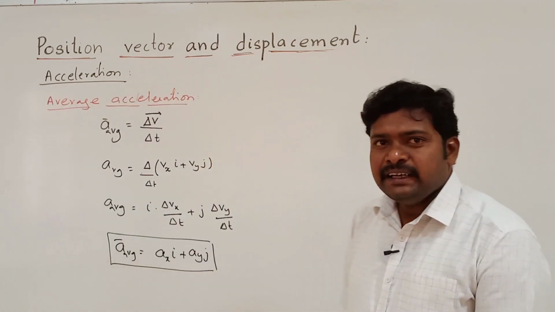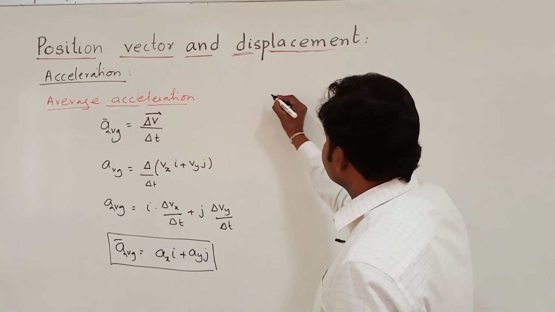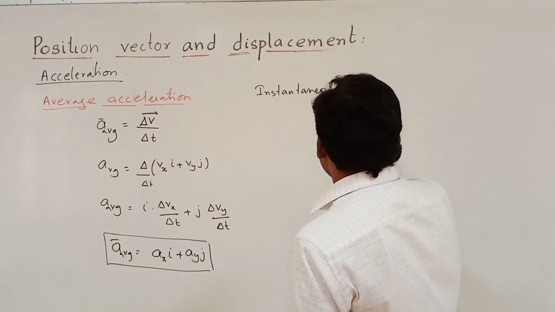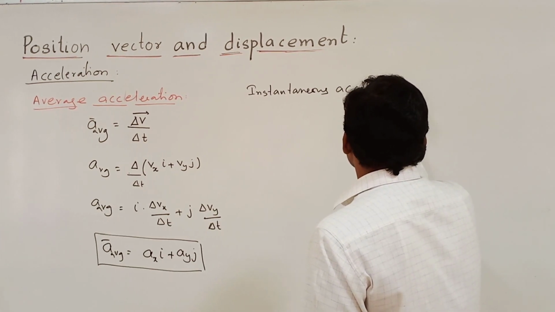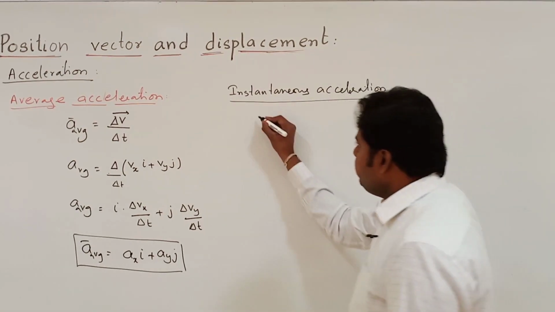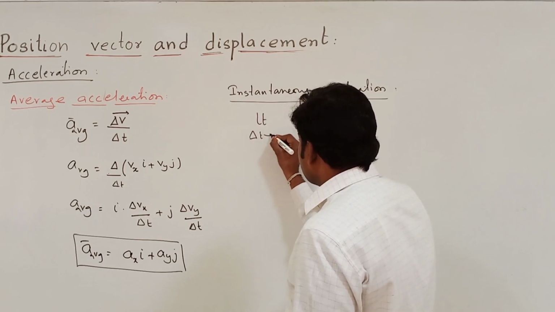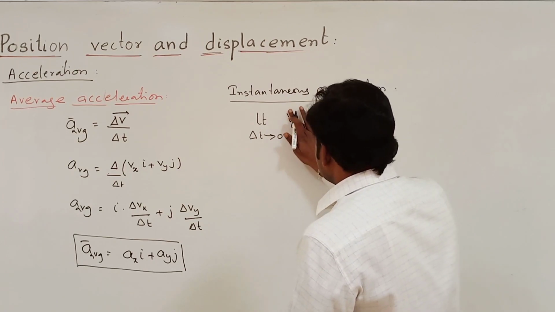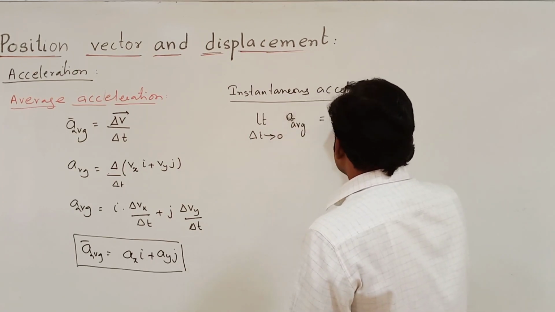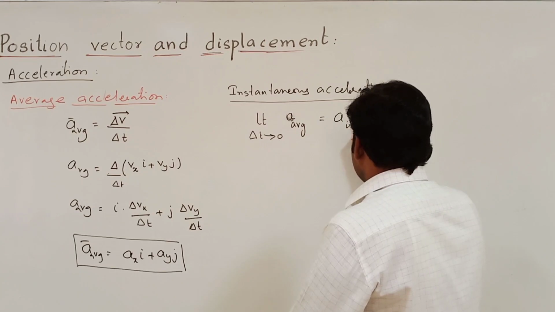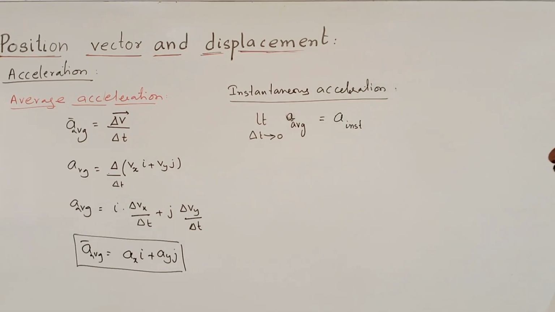What is meant by instantaneous acceleration? The same phenomenon we discussed earlier. In the limit as delta t approaches 0, the average acceleration becomes the instantaneous acceleration.